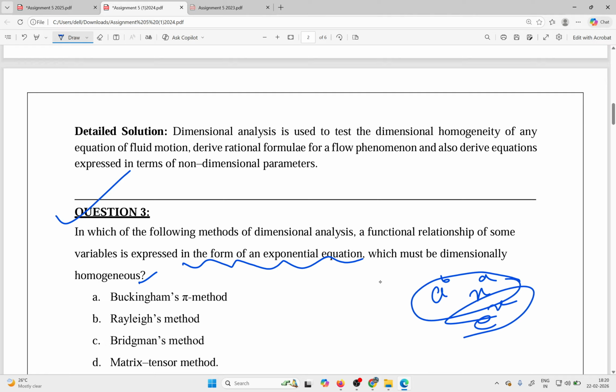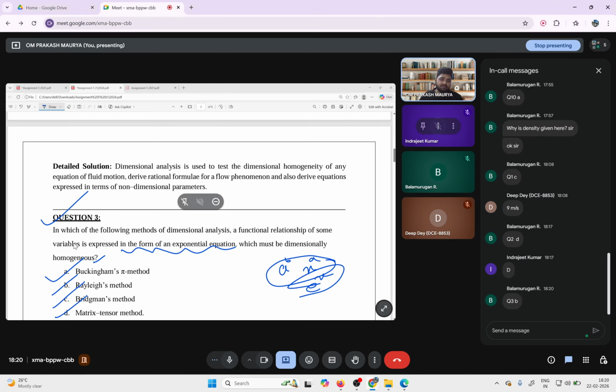So now just think on that, which method uses exponential equation and which must be dimensionally homogeneous. This condition also should be followed. So Buckingham pi method, Rayleigh's method, Bridgman method, and the matrix tensor method. Option D. Which option is correct here, please?